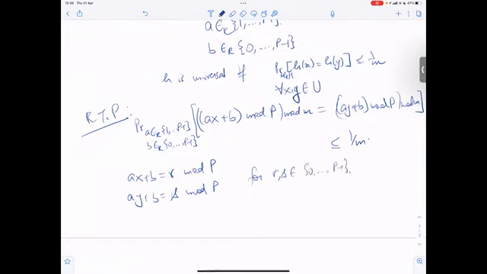Correct? So fix some R and S in 0 to P minus 1. Then I claim that there is a unique solution to this for R, S belonging to 0 to P minus 1, R not equal to S, and X is not equal to Y.